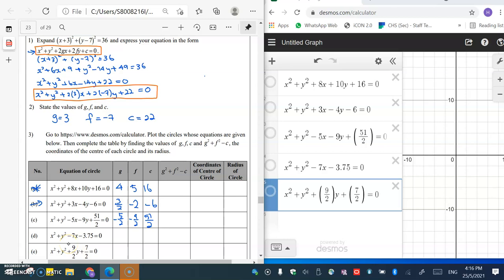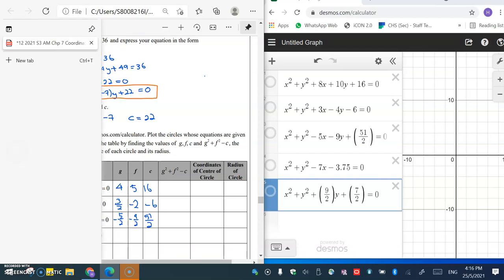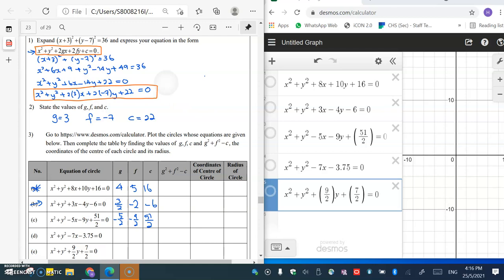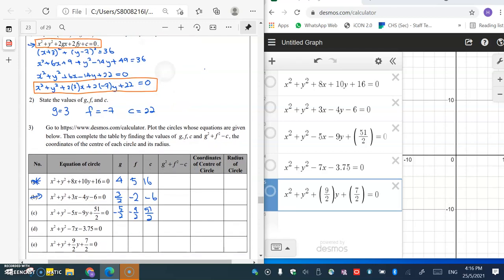In part D, I have a negative 7. If I have my negative 7 to represent 2g, I know that g is negative 7 over 2. If I have my y, note, this one does not have y.